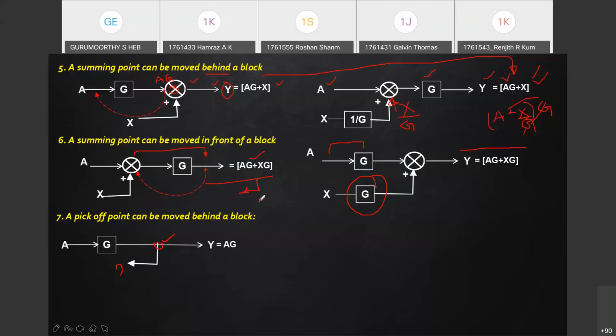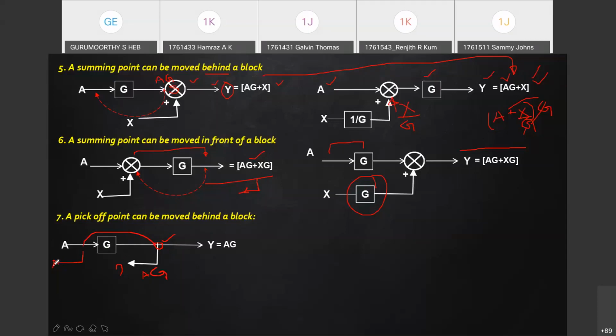In the first case, a takeoff point can be moved behind a block. Now, if this has to come here, right now, what is its value? It is bringing the value A into G. Right now, its value is A into G. Now, if you bring it before, behind this block, then this value will be only A.